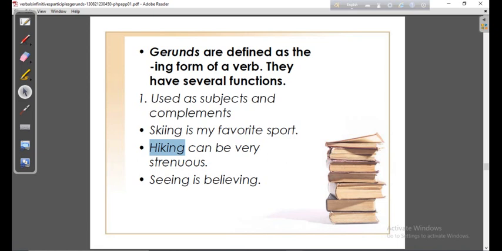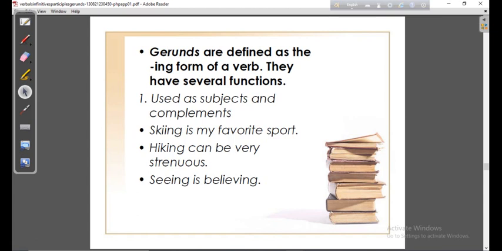Seeing is believing. Very credulous. Sometimes we become very credulous and we believe what we see. Okay, seeing is believing. The credulous persons believe what they see, but the rational persons don't do that. They think about the matter. Okay, that's the thing, and then they believe it or not.